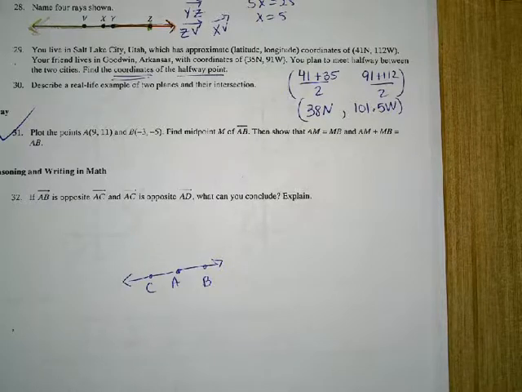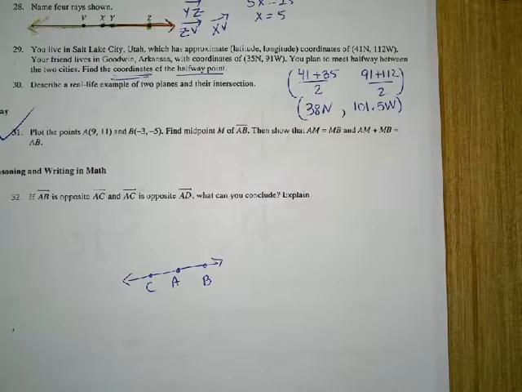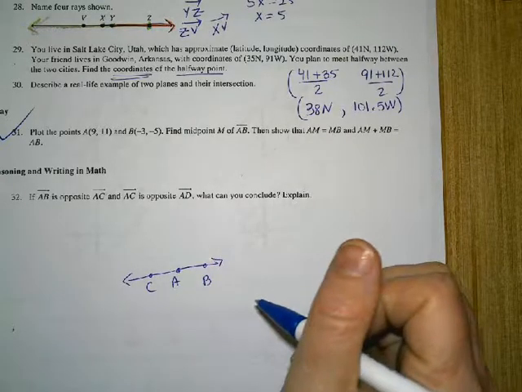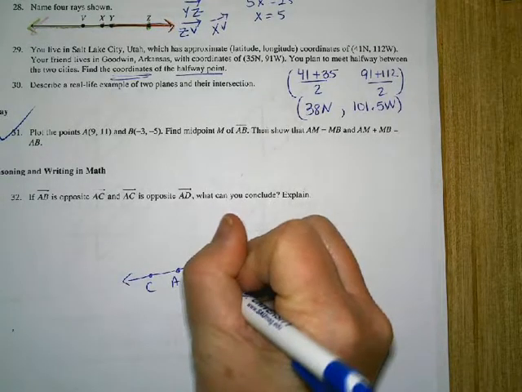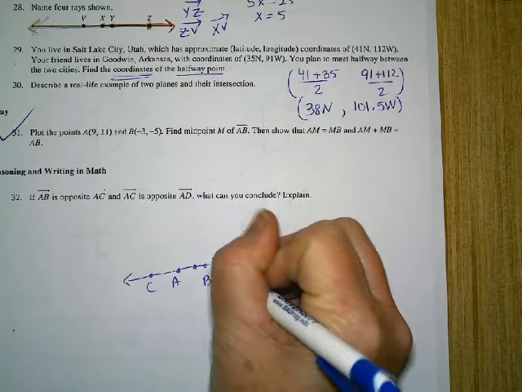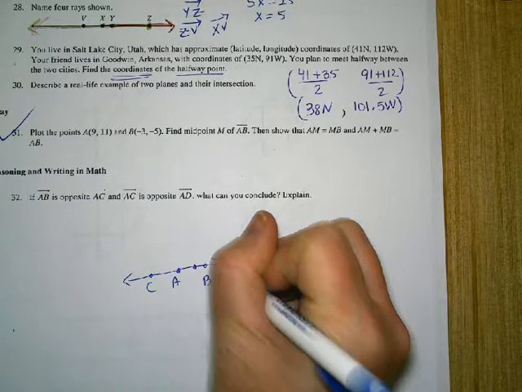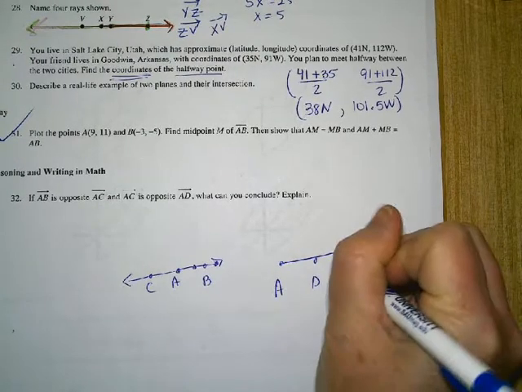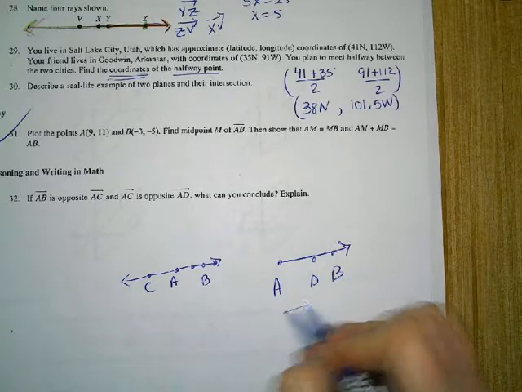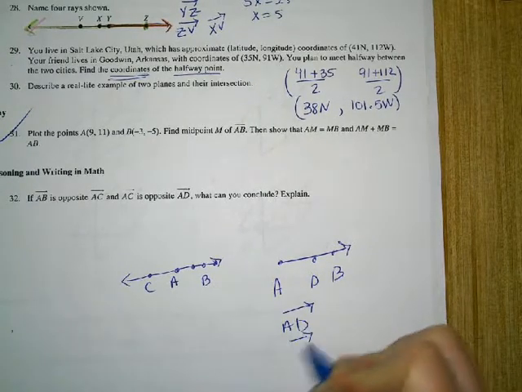Because for this to be true, where do you think D should be? Where does it have to be instead of? No. Could I put it in front of? Could I put it here? Could I put it here? Yes, I could put it either place. This could be named AD or AB.